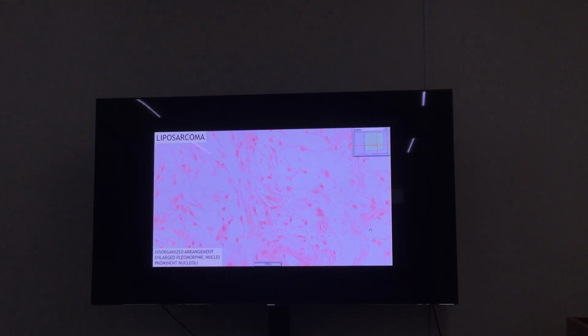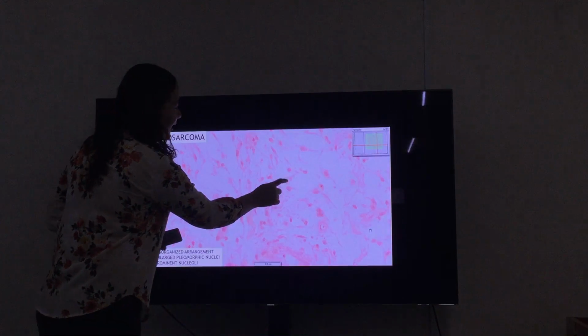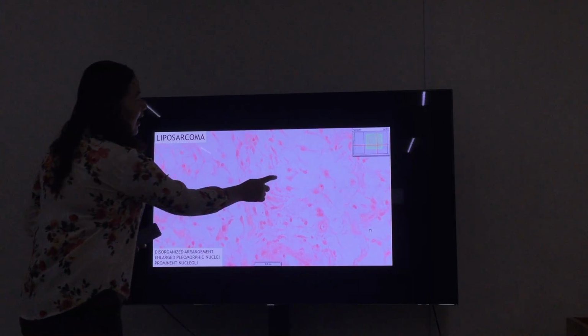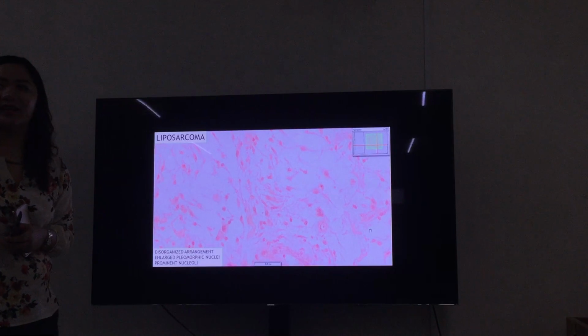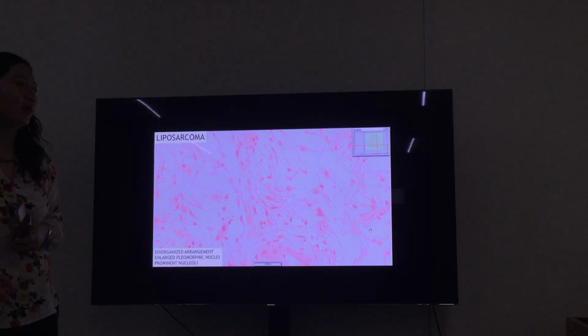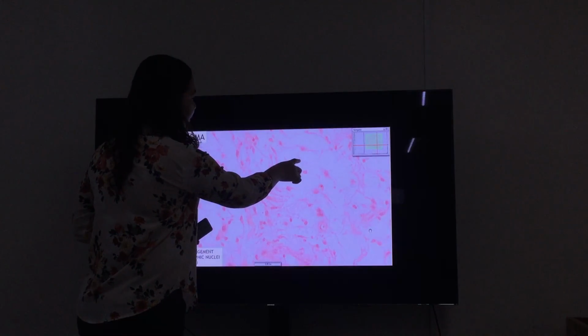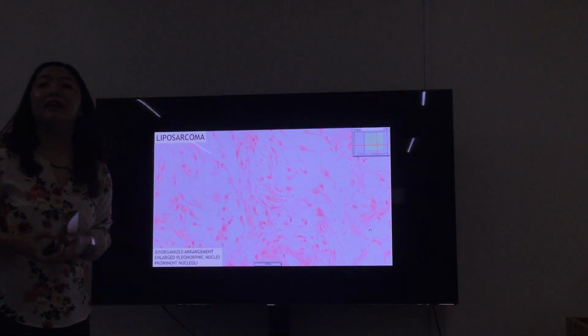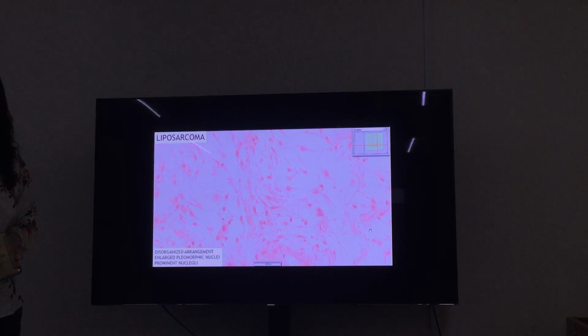In lipoma, where are the nuclei located? Peripheral. But in liposarcoma, sometimes you can see them central. Still, the cytoplasm is vacuolated because the tissue of origin is adipose, but the nuclei are enlarged. Liposarcoma.